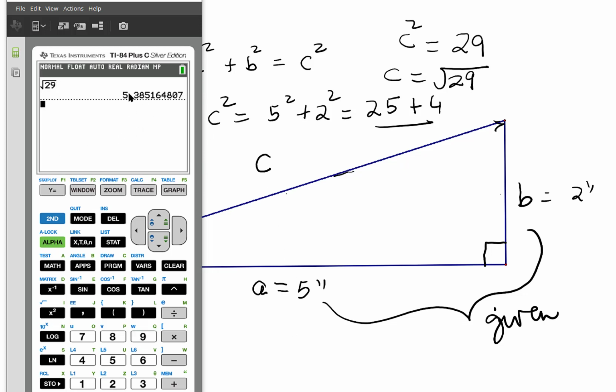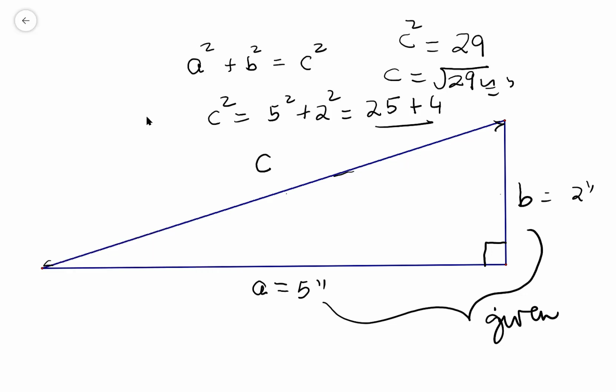Writing it to 4 digits after the decimal, this will be 5.3852 inches. So that's the approximate value of the hypotenuse, or c.